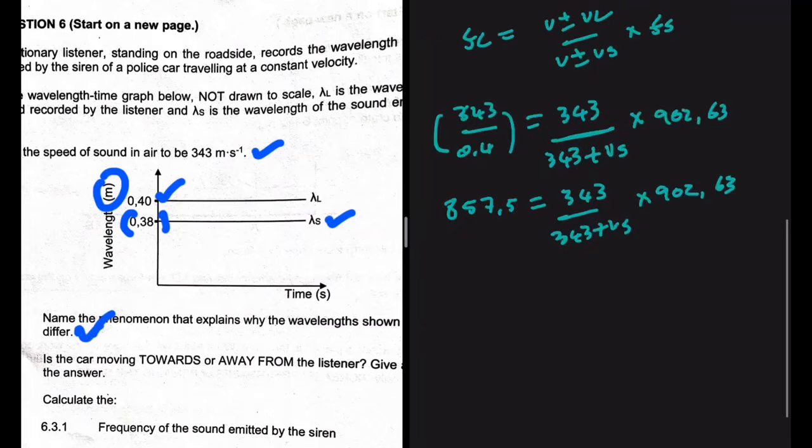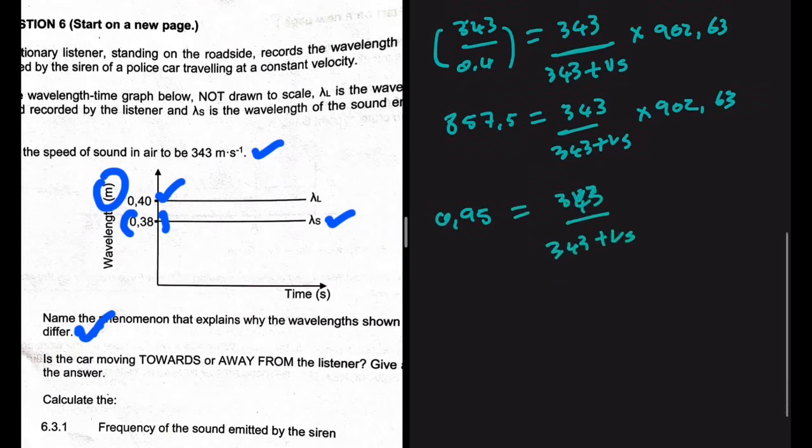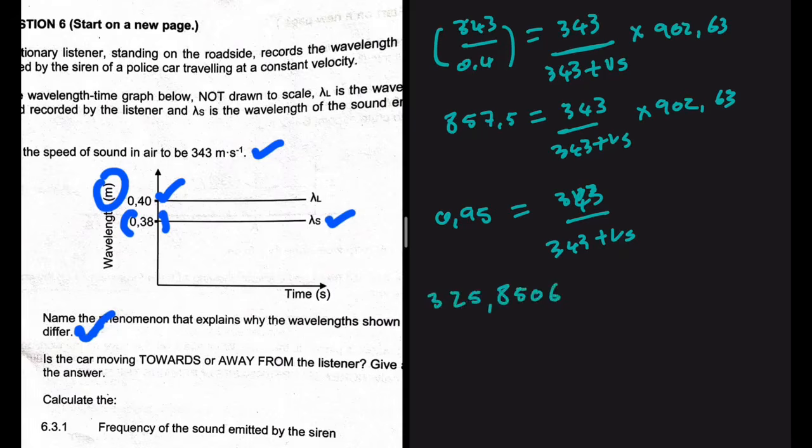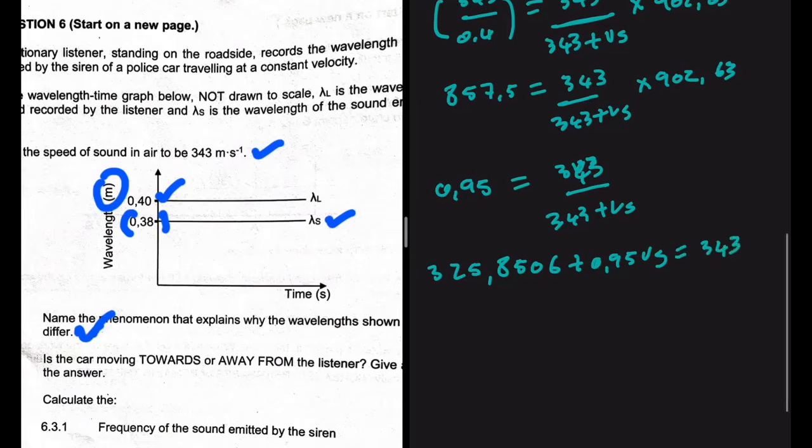902.63. Let's divide both sides by 902.63. If we do that, we get 0.95 being equal to 343 divided by 343 plus Vs. Let's cross multiply. So 0.95 multiplied by 343 is 325.8506, and then plus 0.95 Vs is equal to 343.